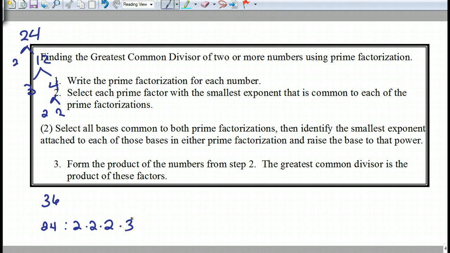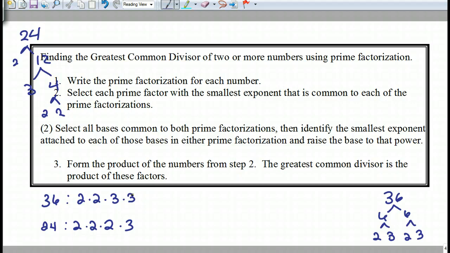Okay, we're going to do the same thing with 36. Okay, so what goes into 36? Okay, 6 and 6, 2 and 3, 2 and 3. So 36 prime factorization is 2 times 2 times 3 times 3.